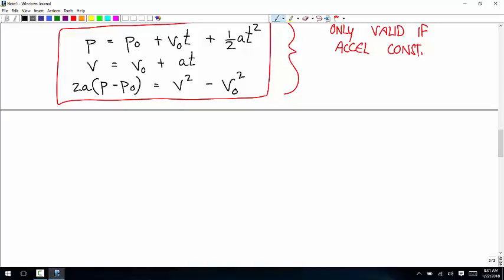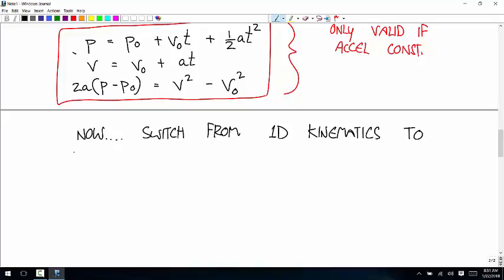So now we're going to switch from one-dimensional kinematics to two-dimensional kinematics.